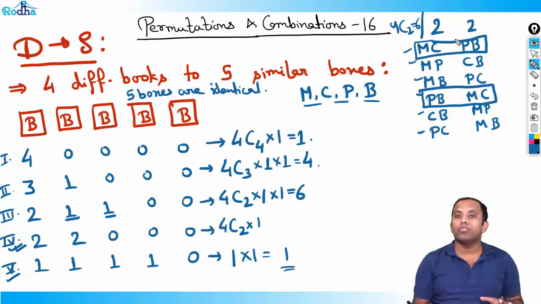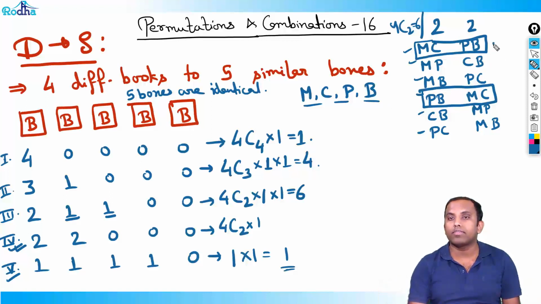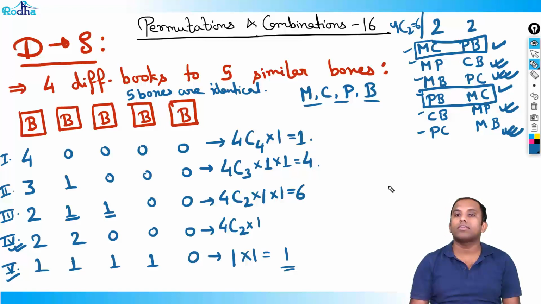In the first box it is physics, bio. In second box maths, chemistry, right? All are same only. So absolutely no difference, right? Because boxes are identical. So every 2 cases, see, this case is equal to this case. Here, this case is equal to this case, maths, physics, chemistry, bio. And this case is equal to this case, right? So all these three cases are same.